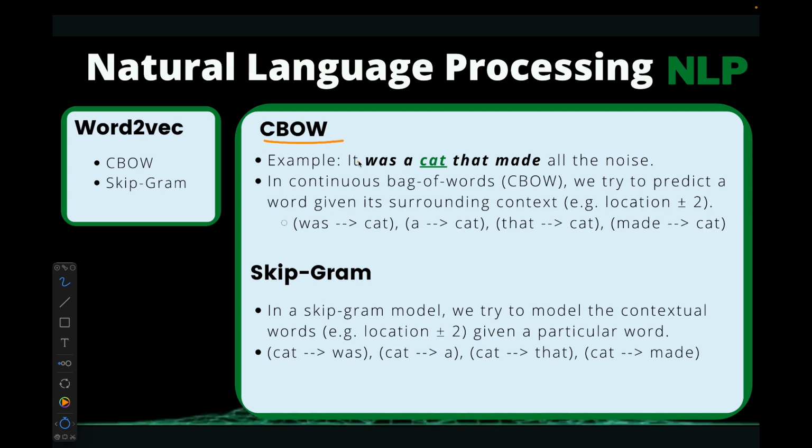We're going to take this simple sentence: it was a cat that made all the noise. That's basically the entire sentence. In CBOW we have what is called n-gram.